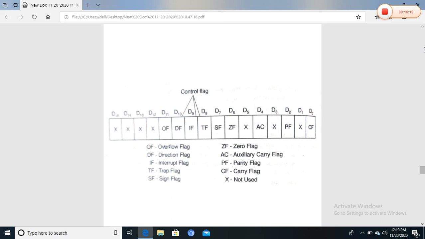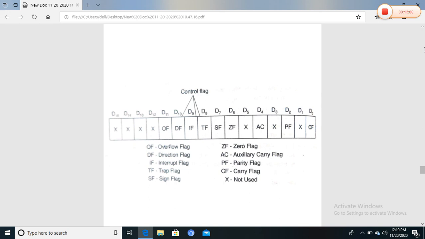Next is the direction flag. This flag is used for string manipulation instructions. When this flag is set, the string bytes are accessed from higher memory addresses to lower memory addresses. When it is reset, the string bytes are accessed from lower memory addresses to higher memory addresses.